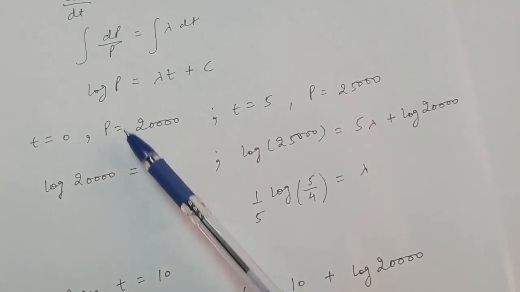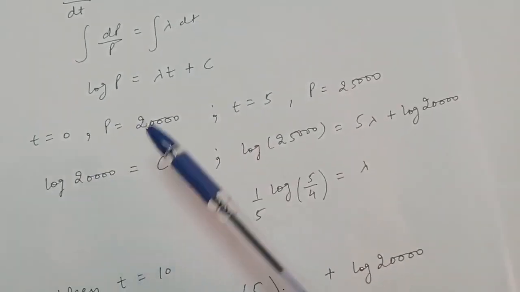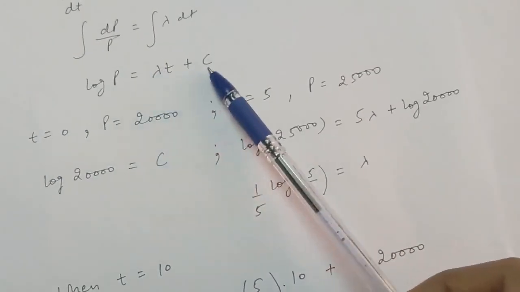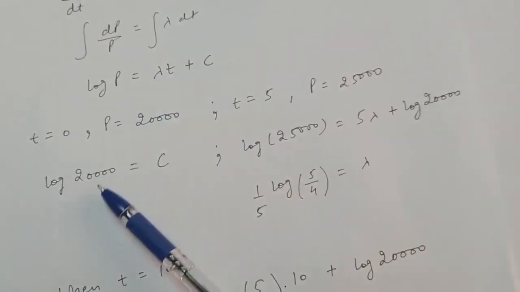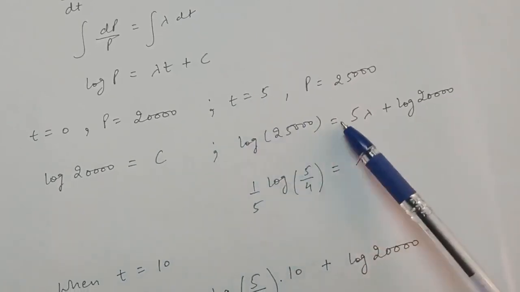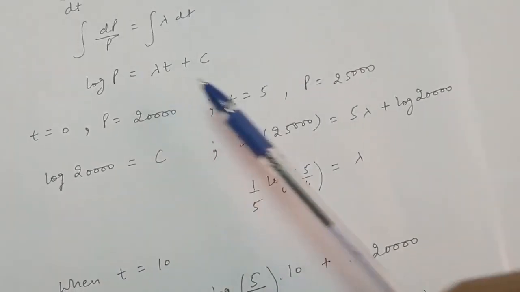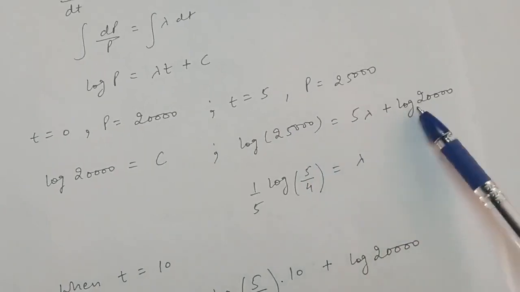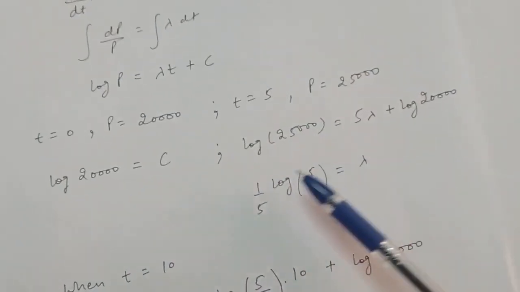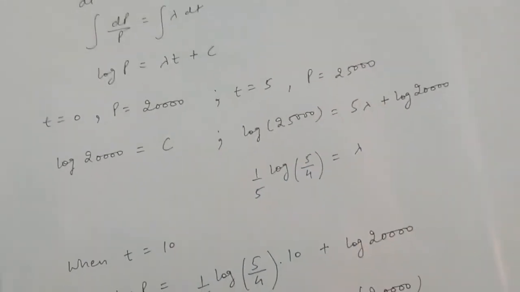First of all, we will use these two additional pieces of information to get the value of lambda and c. So first use this: log of 20,000 equal to, when you put t equal to 0 here, this will become 0 plus c, which is c. This is the value of c now. Use this now, log 25,000 equal to, in place of t 5 lambda plus c. c is this. So you will get the value of lambda as 1 by 5 log 5 by 4.